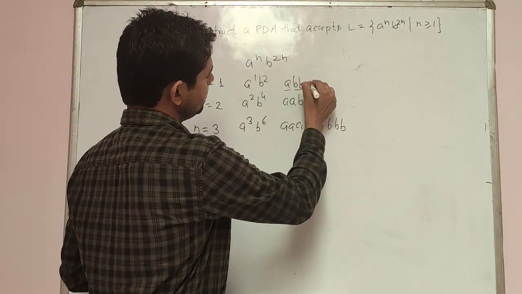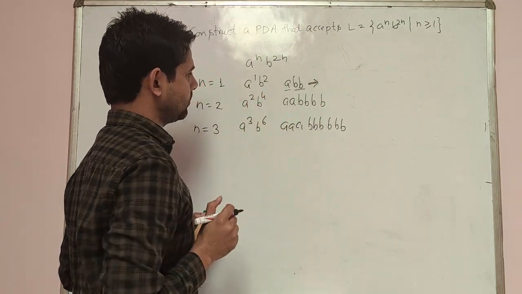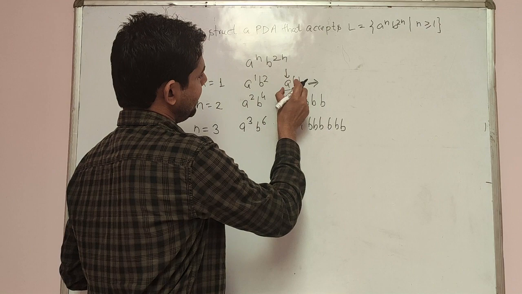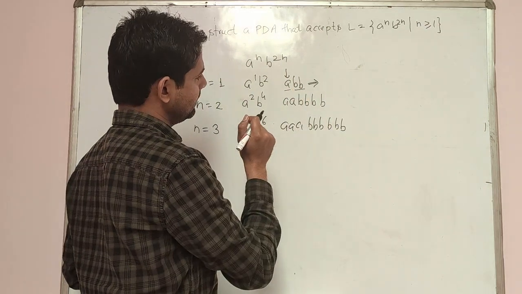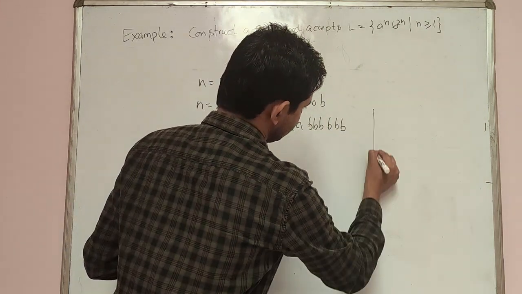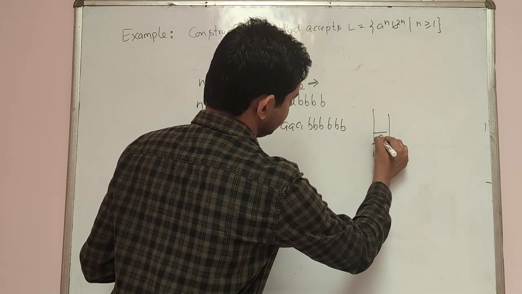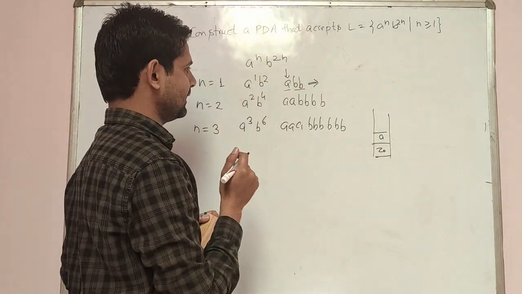So if we want to solve this problem, first we will add this A into the stack. For example, the stack has Z0, and we are adding that A into the stack.